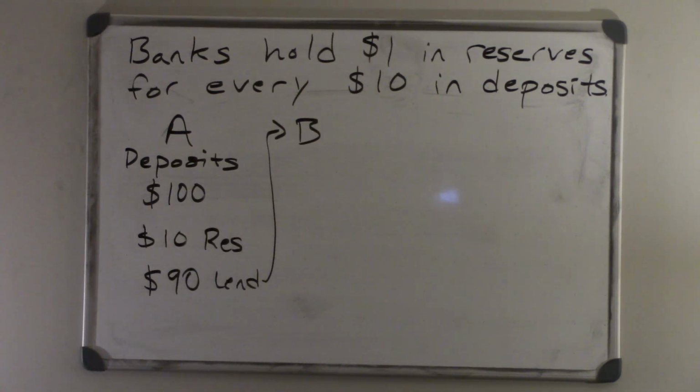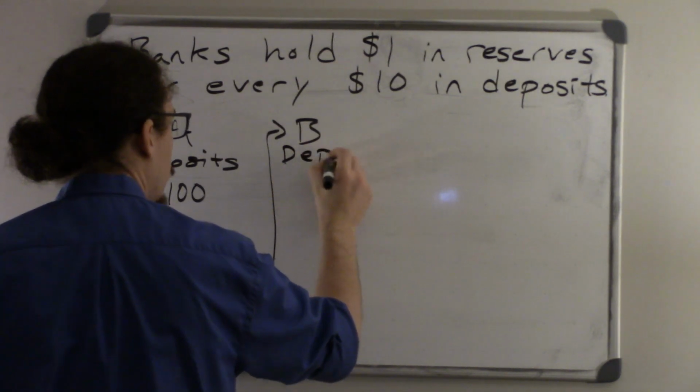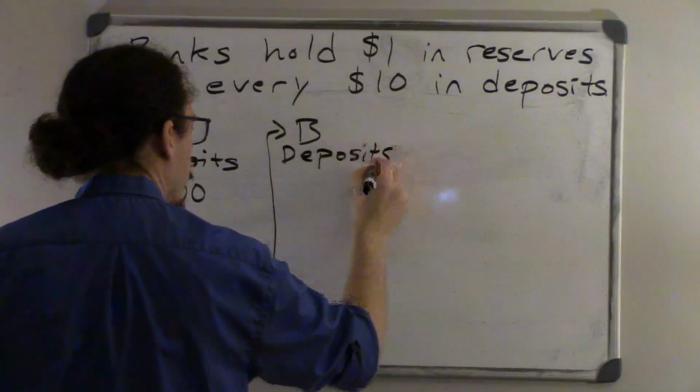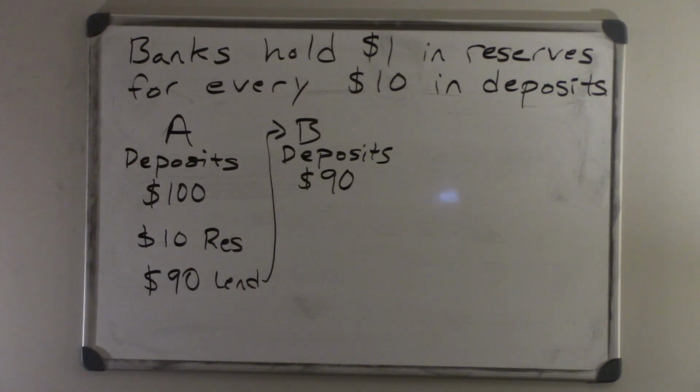The bank holds 10 in reserves, and then they have 90 left, so they can lend that out. We're going to say they lend all of it to B. Then B deposits that money. So he deposits $90 into his bank. Could be the same bank, could be a different one.